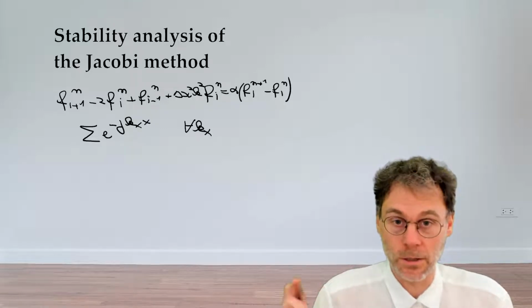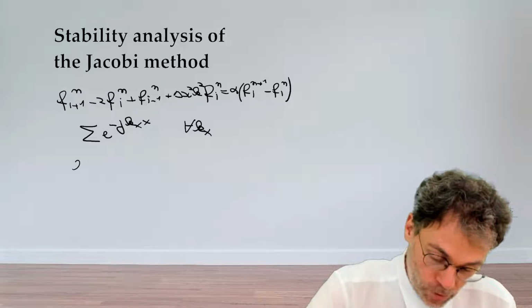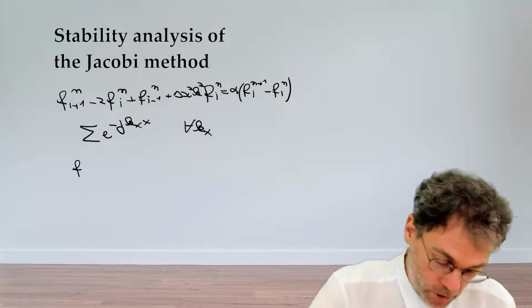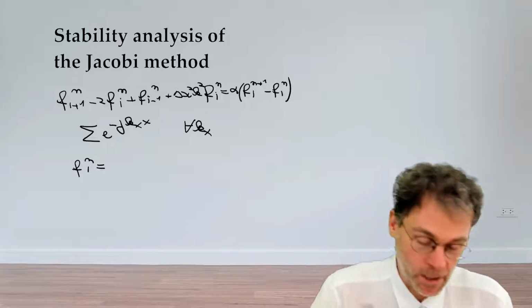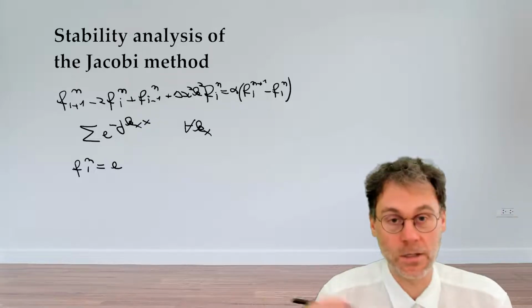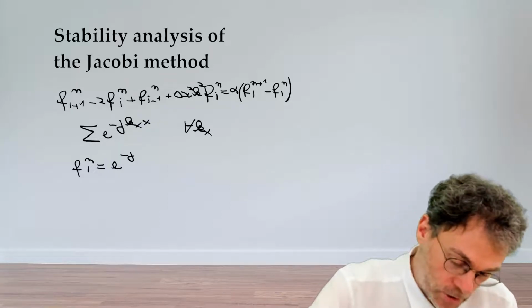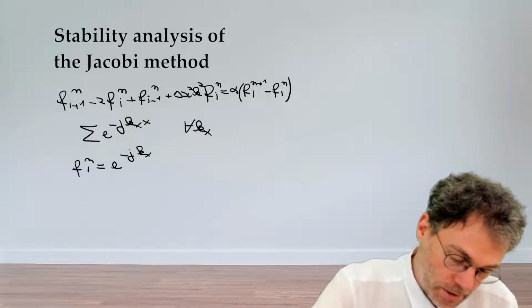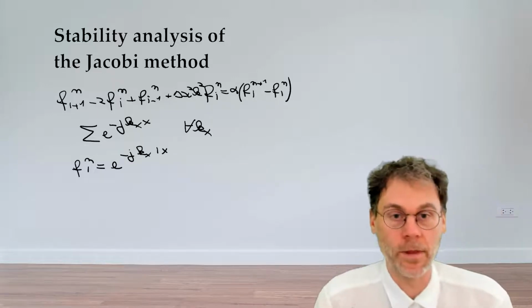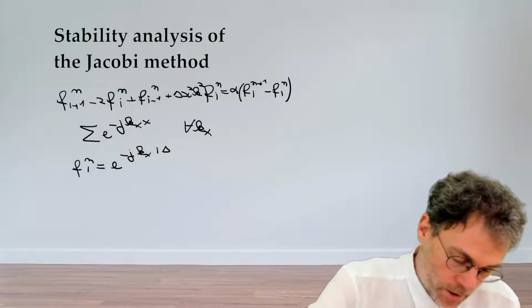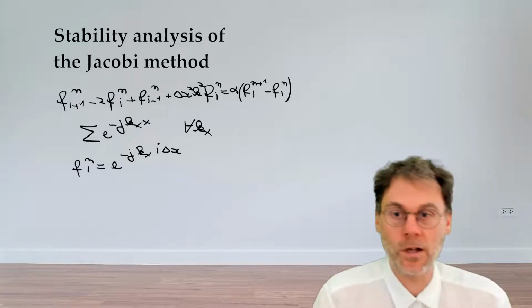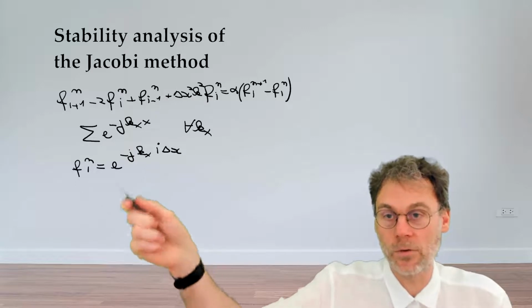So that's the task. So basically, we're going to assume that we start from a certain iteration f_i^n, where we have a discretized plane wave, exponential minus j kx x_i, basically, i delta x. But this is our plane wave that we have at a certain moment in our iteration scheme.